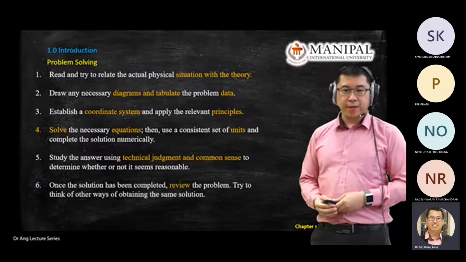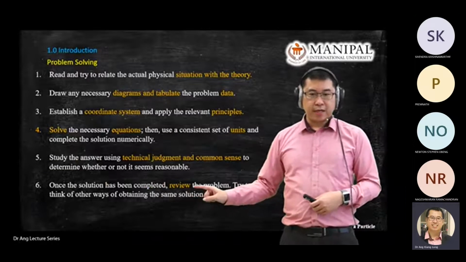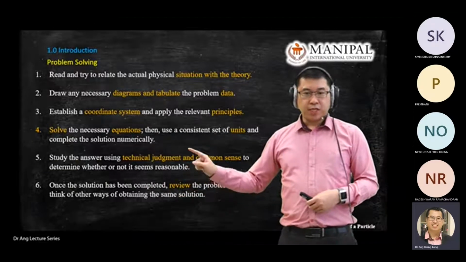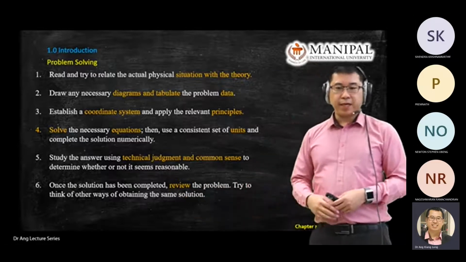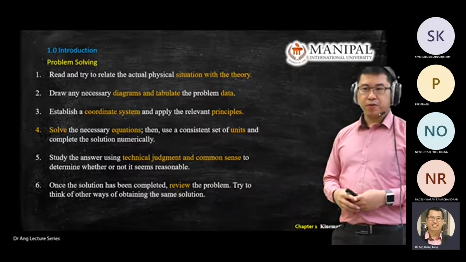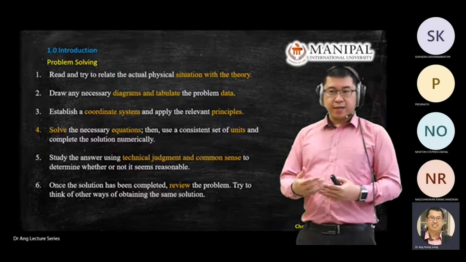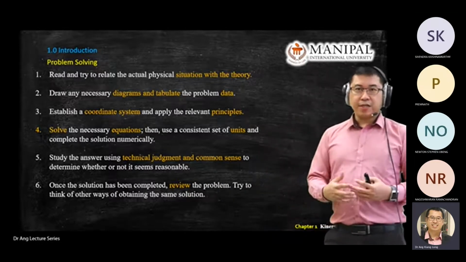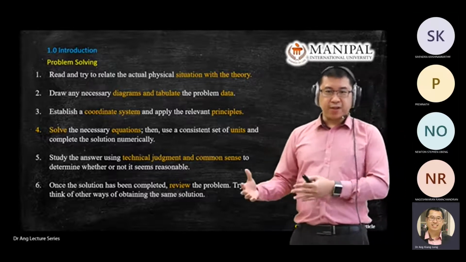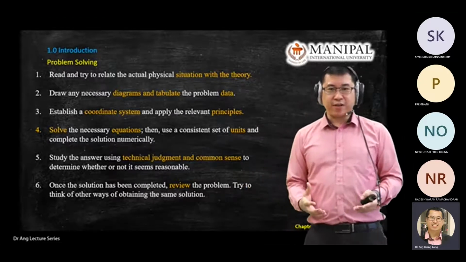The next one, this is an extra one. The last step will be you review your answer. Means you look back at your question, you look at your answer. Does it fit into the correct chapter or not? Do you use the correct theory or not?